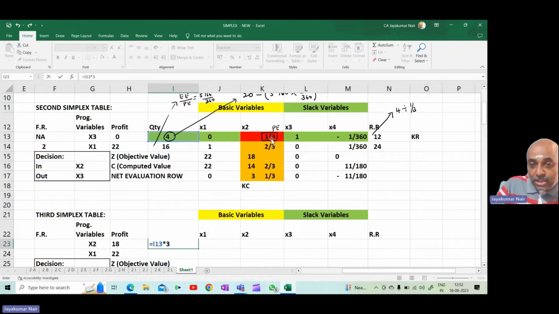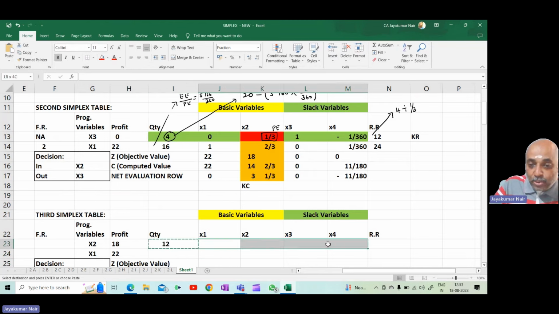Because it's 1 over 3, division will become multiplication, so it will become 3 over 1. So 4 into 3 will be the value. Similarly, with the other variables, you have to calculate. So it will be 0 divided by 1 by 3, then 1 by 3 divided by 1 by 3, 1 divided by 1 by 3, and this divided by 1 by 3.